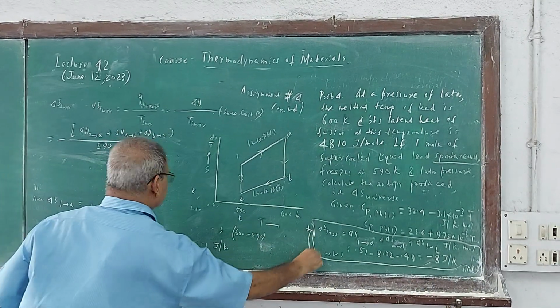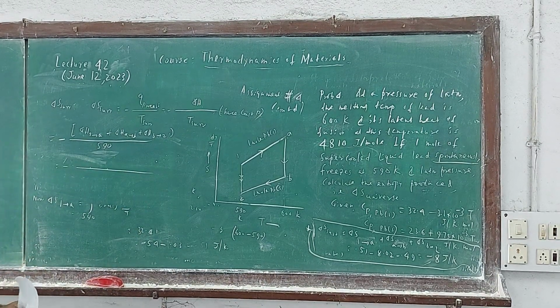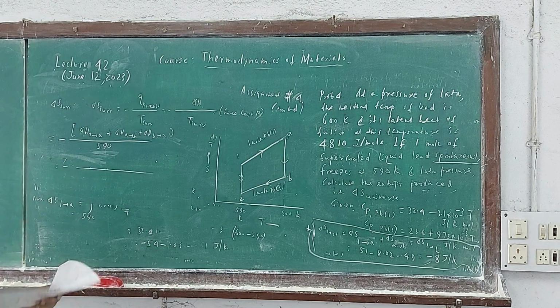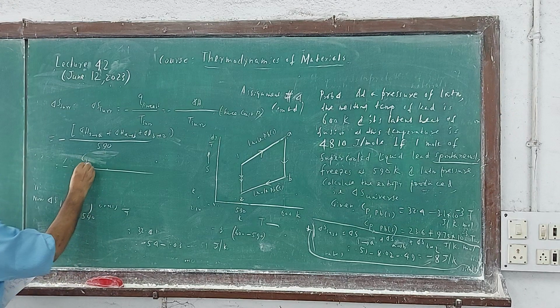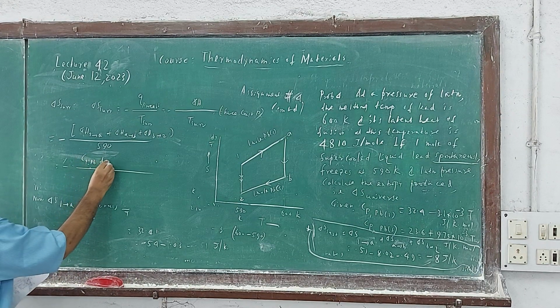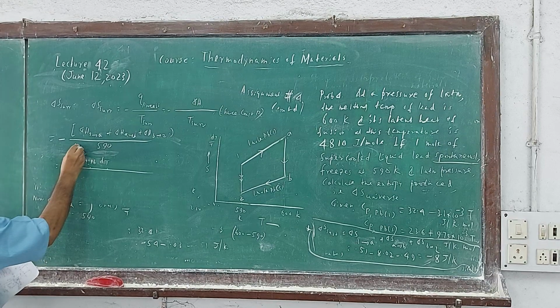I don't have much time. Delta H 1, what will it be? Tell me, n CP dT. n is 1. CP liquid dT. What is the temperature? 590 to 600.